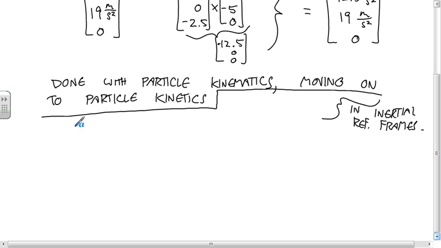All right, so here's what we're going to add to the stuff that we've already talked about: force vectors and mass.